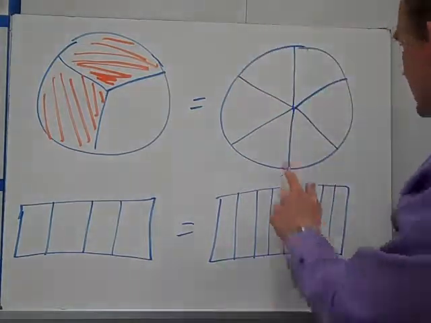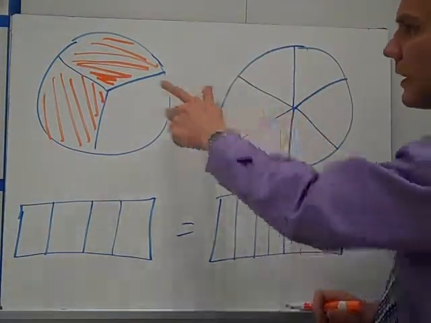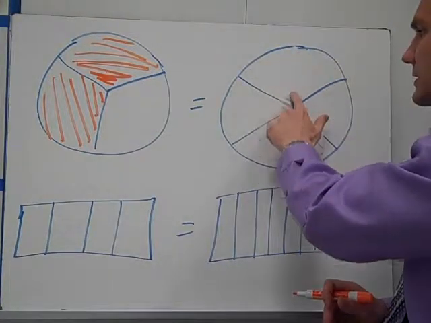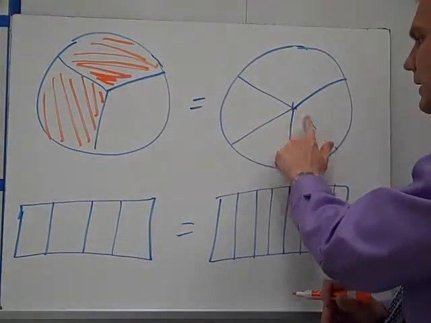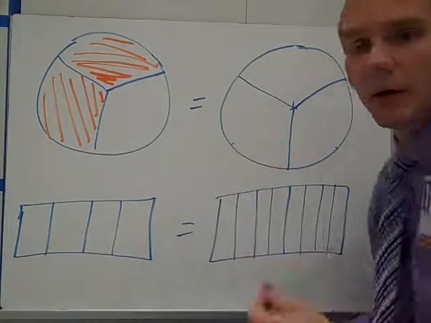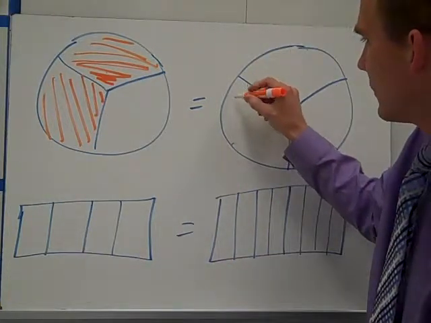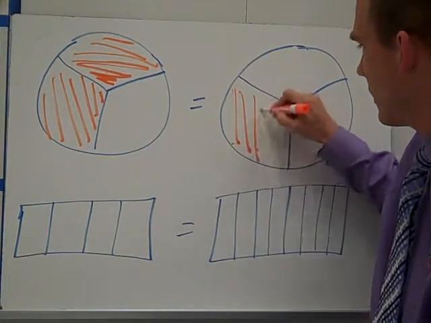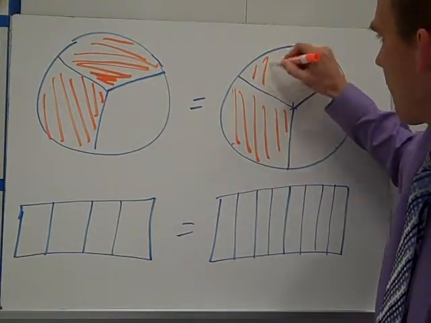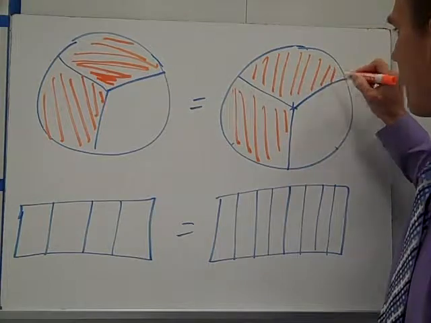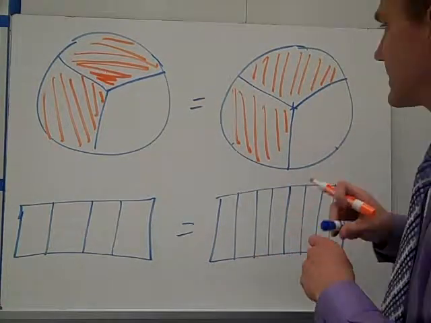A good trick is to think about what this would look like if I got rid of this line, and this line, and this line. Now I have thirds. Well, then what if I just shaded in 2 of them? Now let's draw those sixth lines back.